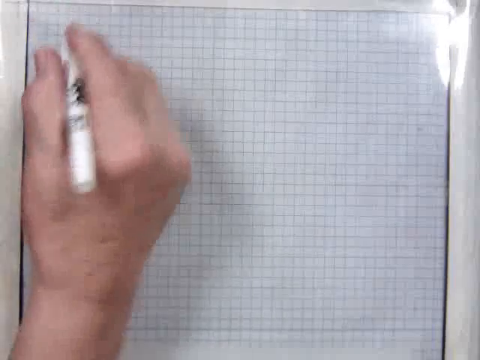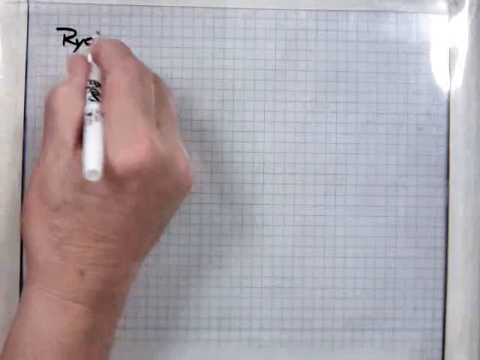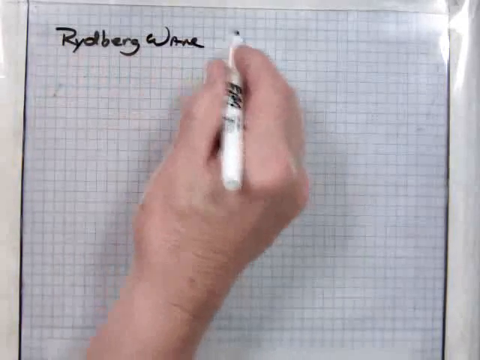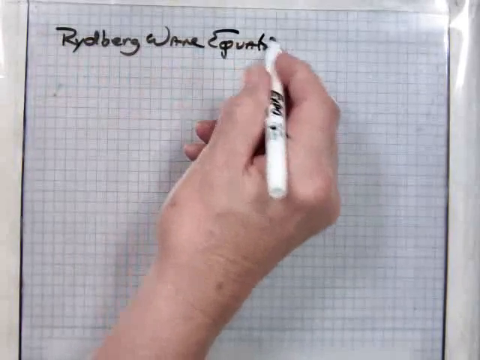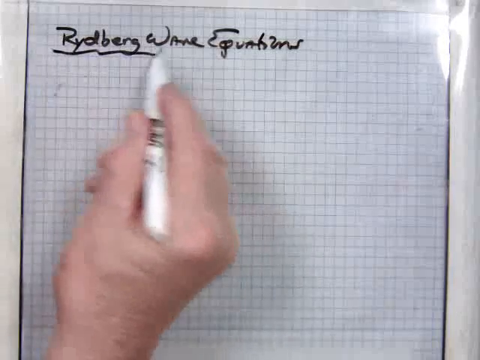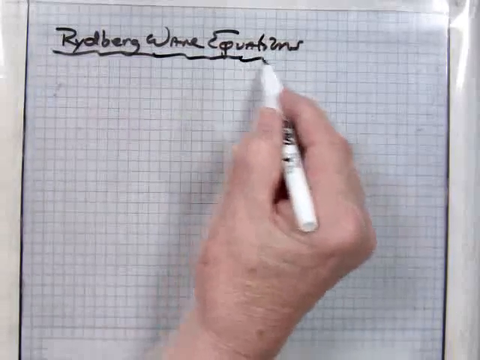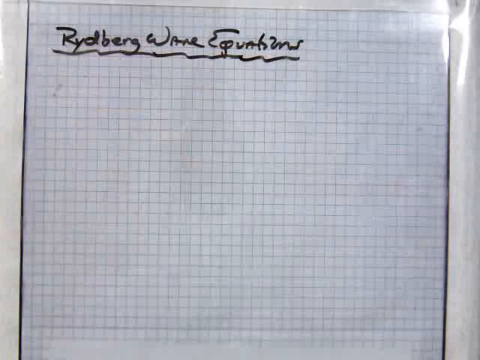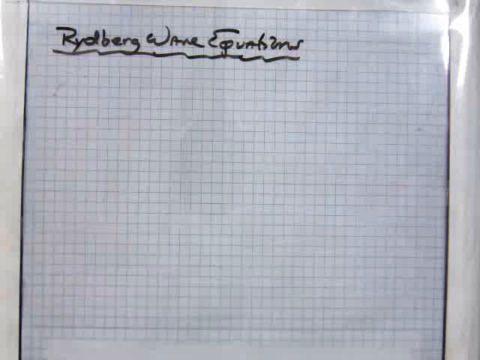These are called the Rydberg equations. And yes, they're very important for your exam, because these confirm the concentric ring transitions, or the electron transitions that are happening within the atomic structure.